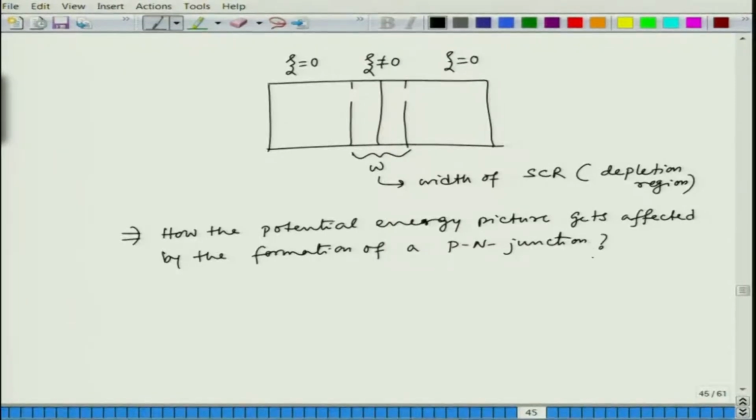Okay, let us look at that. So far we have just brought them together, and that is what we call a p-n junction. Now, when we call it a p-n junction diode, then we have to say that the carriers can move from one direction, but not from the other. For that, they have to cross some energy barrier. So, the energy picture is important to understand why a p-n junction forms a diode.